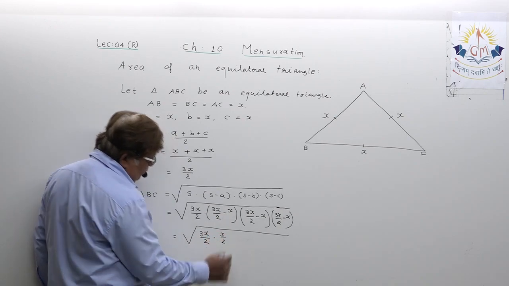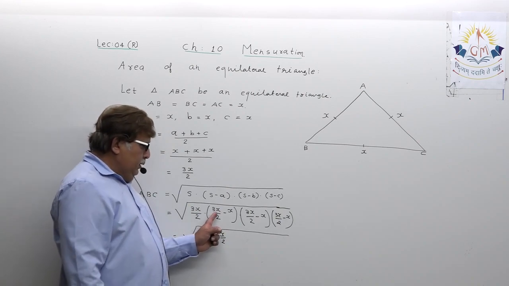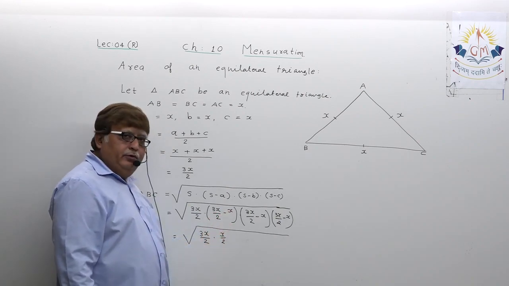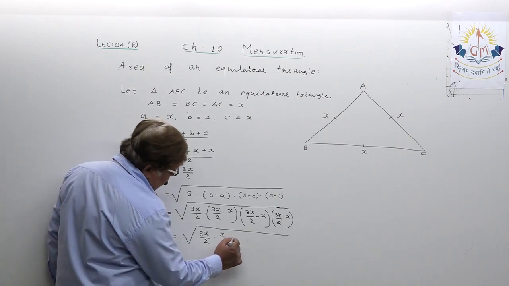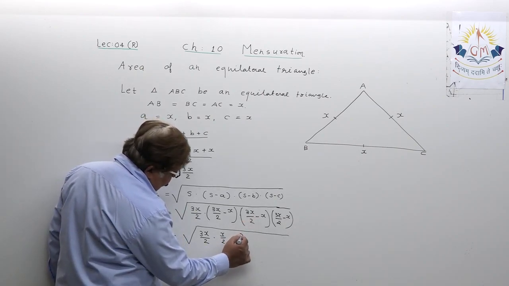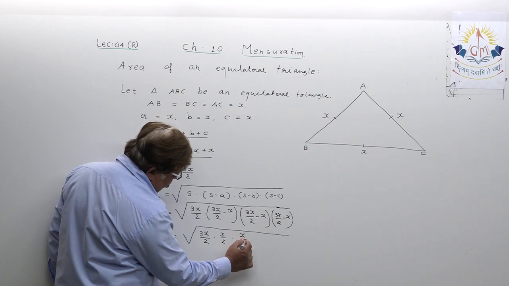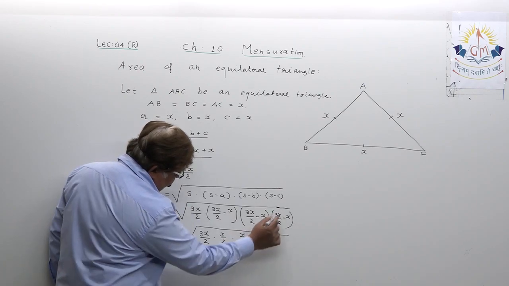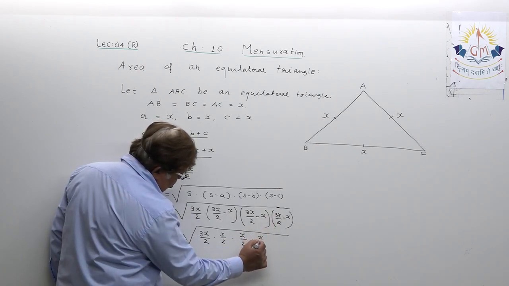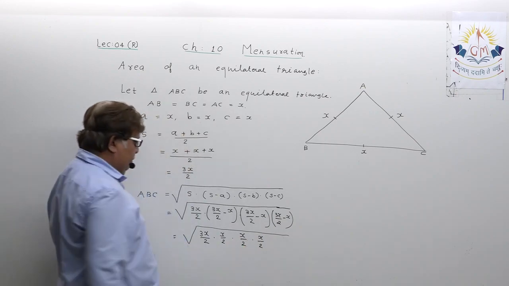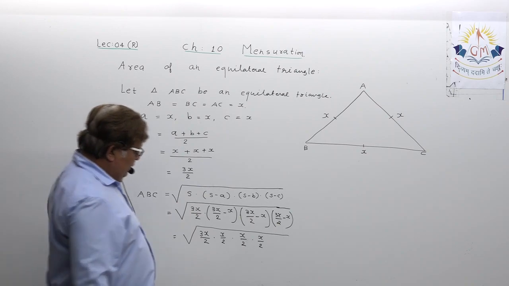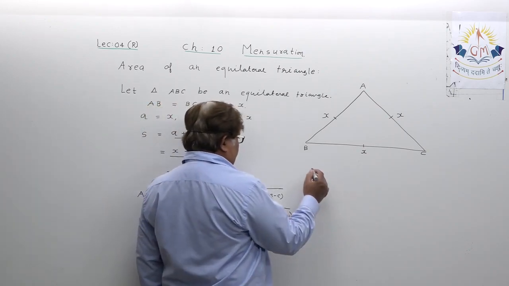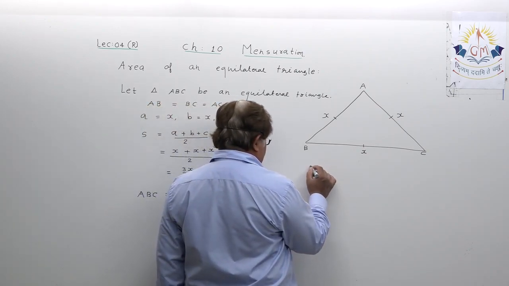You understood, no? 3x minus 2x upon 2, that is x upon 2. Here also similarly x upon 2. Here also x upon 2. Is it clear in your mind? Next step I am continuing here.